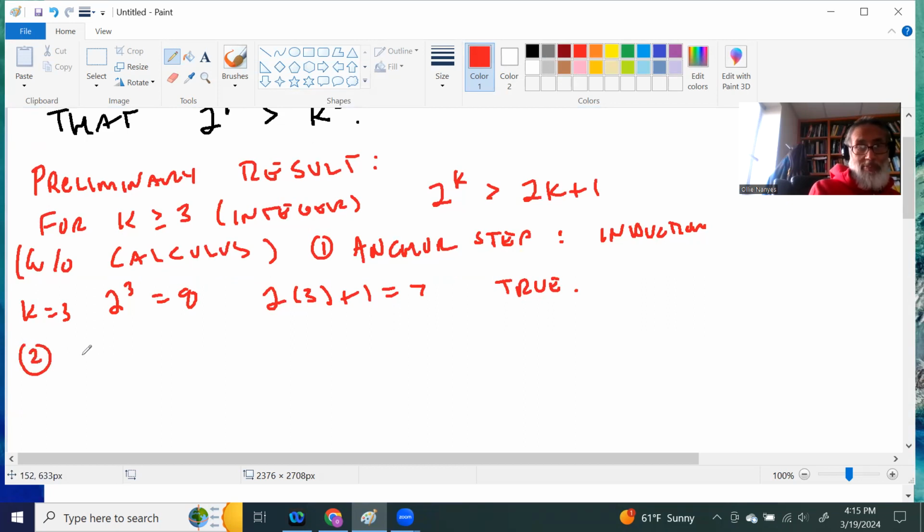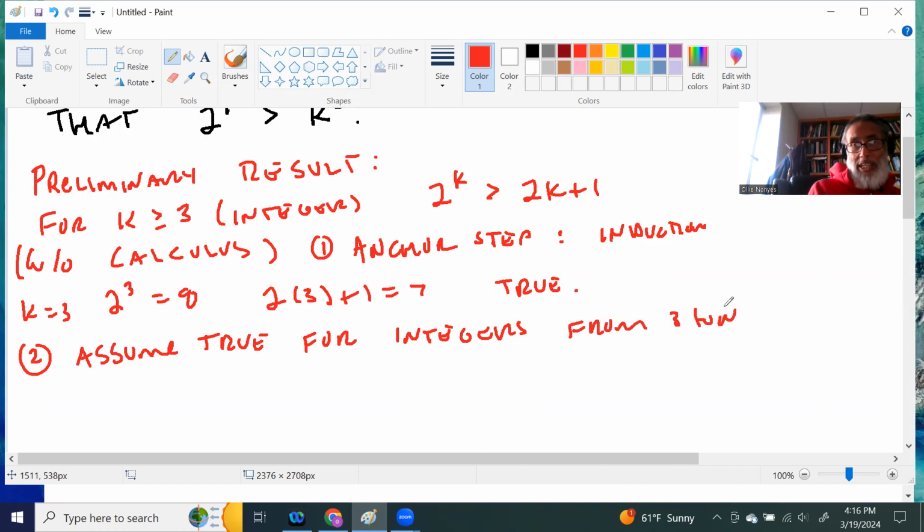Now the induction step: assume true, I should say, up to. I misspoke here. Assume true for integers from 3 to n for some n.